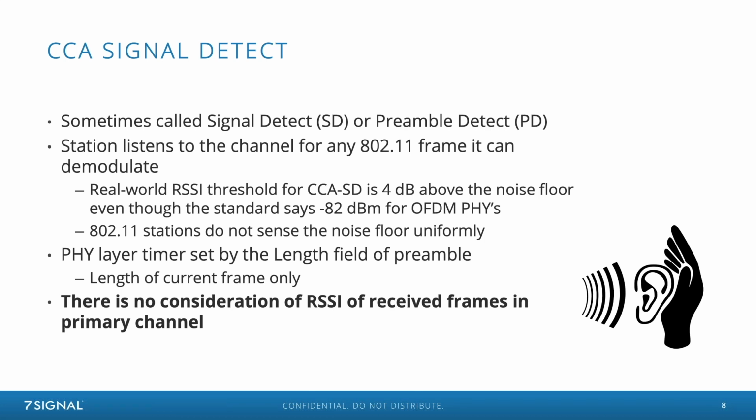If we're demodulating the frames, then we're going to back off, and the CCI is just as bad whether it's at -80 or -50. The contention process is going to make us back off and wait, regardless of the signal strength of those frames, at least on the primary channel. And we'll get more into what happens in wide channels as we go.